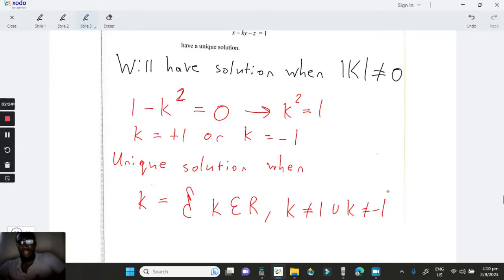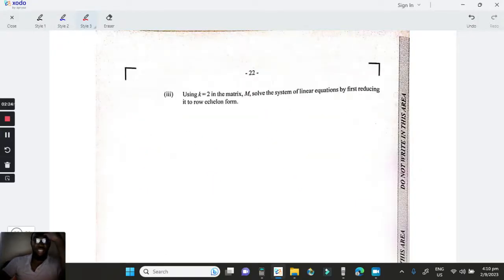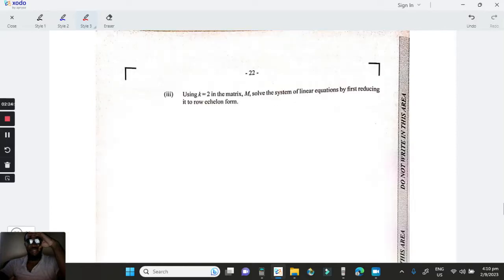So k can be real values, but just not 1 and minus 1. That's when we're going to get unique solutions. Easy. Now it says, using k as 2, solve the system of linear equations by reducing it to row echelon form.